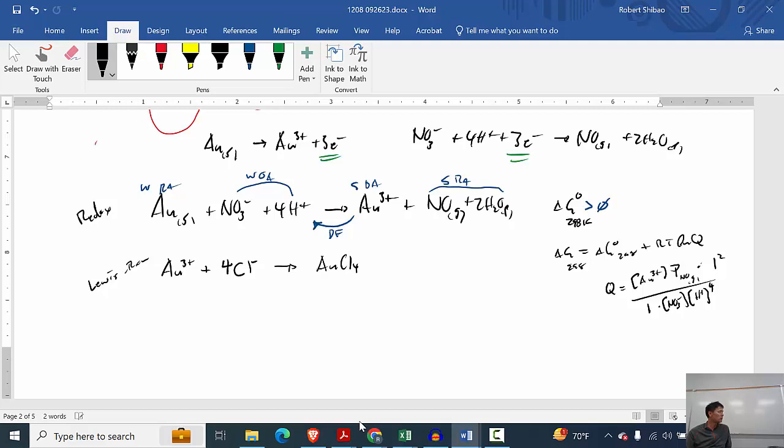How would you name this? Silver tetrachloride. It's not silver, I mean gold. Gold tetrachloride? Maybe I'm missing the square brackets. We don't call it gold tetrachloride. We call it something else. What would we call it?